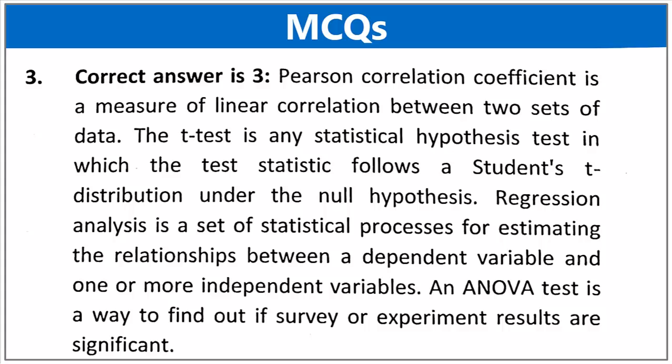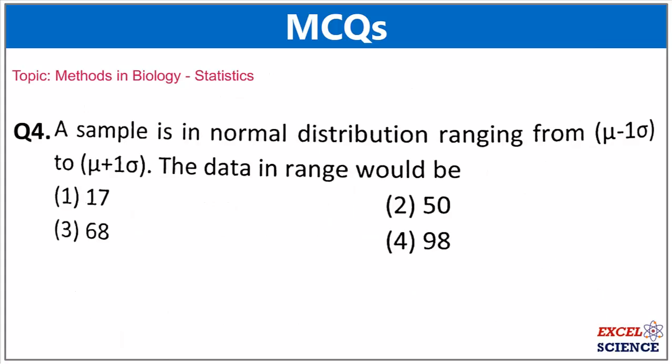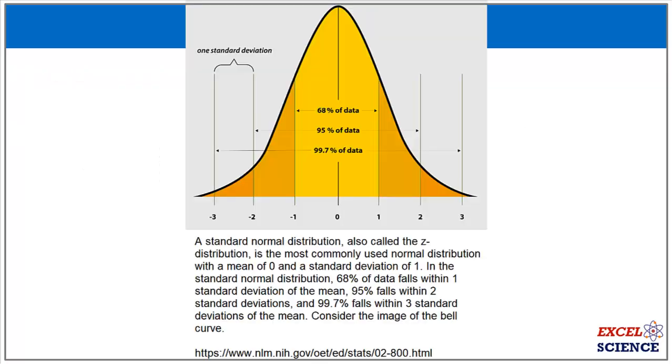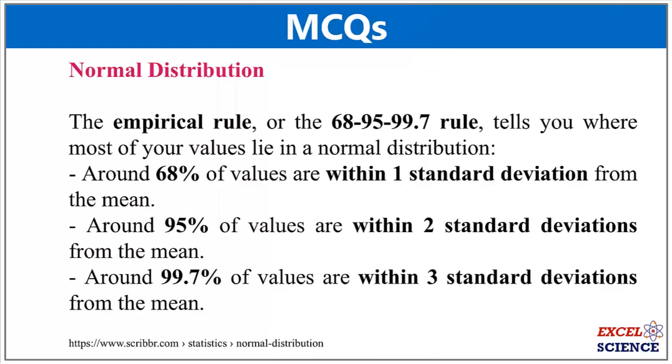Next, a sample is in normal distribution ranging from mu minus 1 sigma to mu plus 1 sigma. The data in range would be, in normal distribution, the empirical rule, that is the 68, 95, 99.7 rule, tells you where most of your values lie.